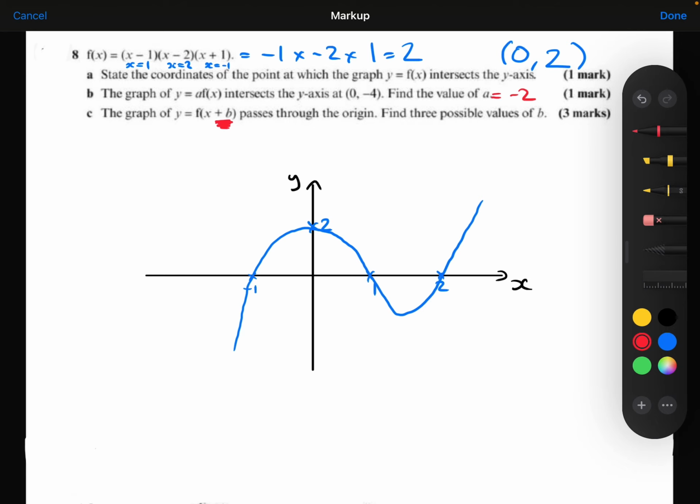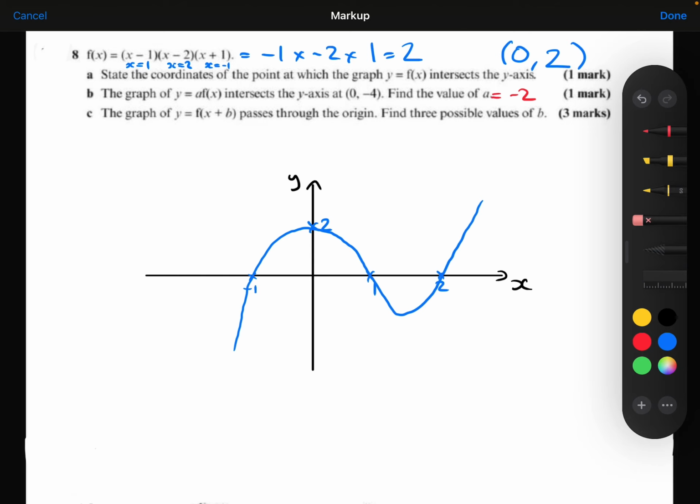For example, if b was 5, y equals f of (x plus 5) would subtract 5 from all the x coordinates, so that would translate the graph 5 squares in the negative direction. Remember, when the constant is on the inside of the brackets, you always do the opposite.